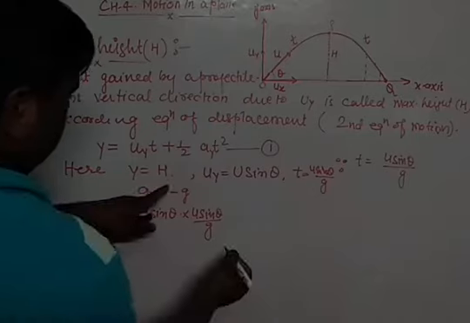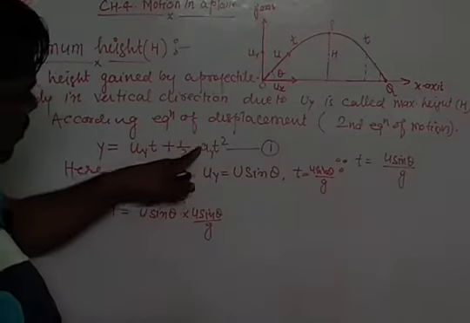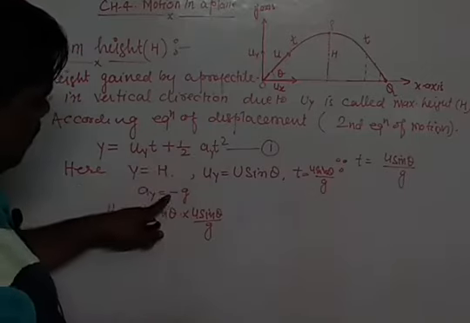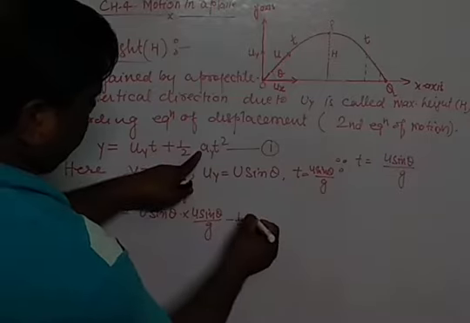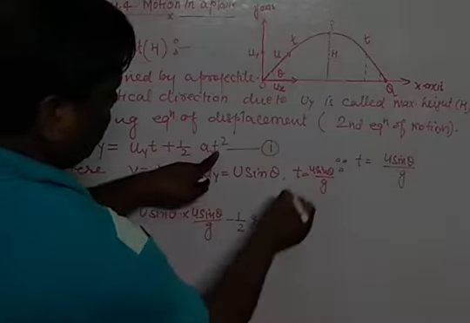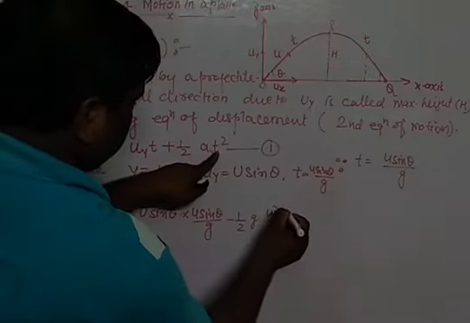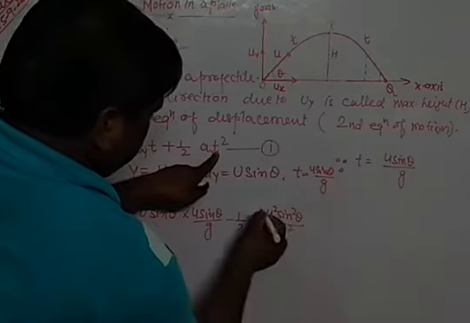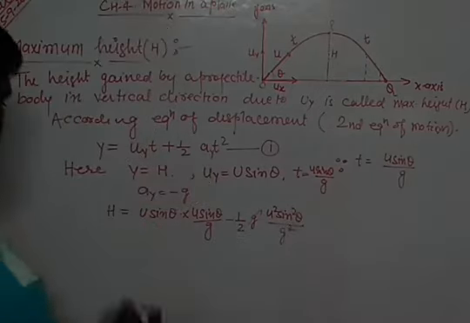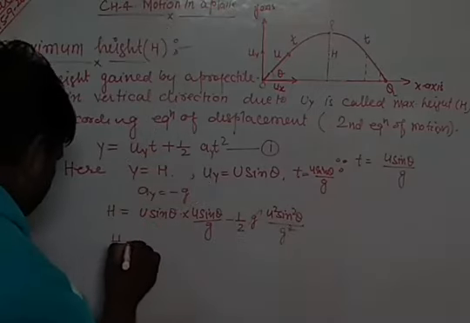Very good. Then here plus half, ay is minus g, so it becomes minus half into g, and t square means u square sin square theta upon g square. So one g cancels with this one g. So what's left? Just write down.